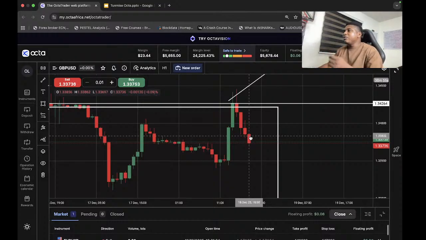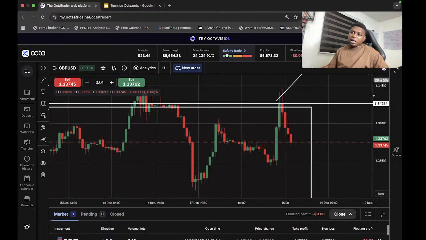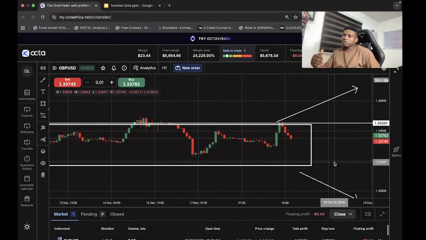So we can't really say if price is going to be bullish or bearish, because price is just going back and forth, and we don't want to be caught in the middle of nowhere. So we're just going to leave this trade and wait for things to play out. Either it breaks out to the upside, or it breaks out to the downside.